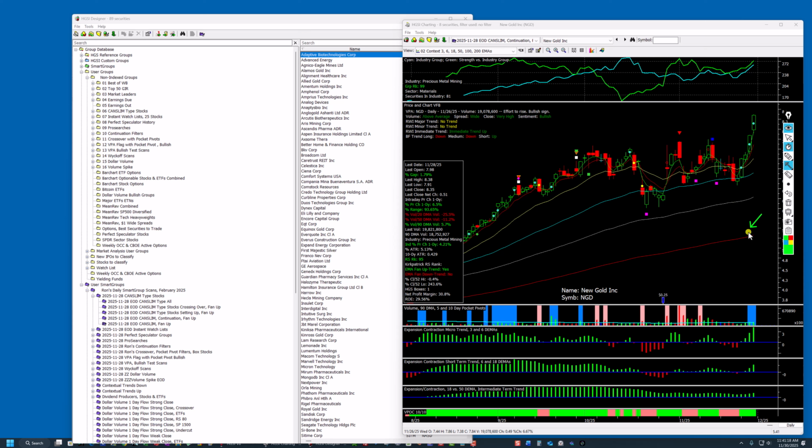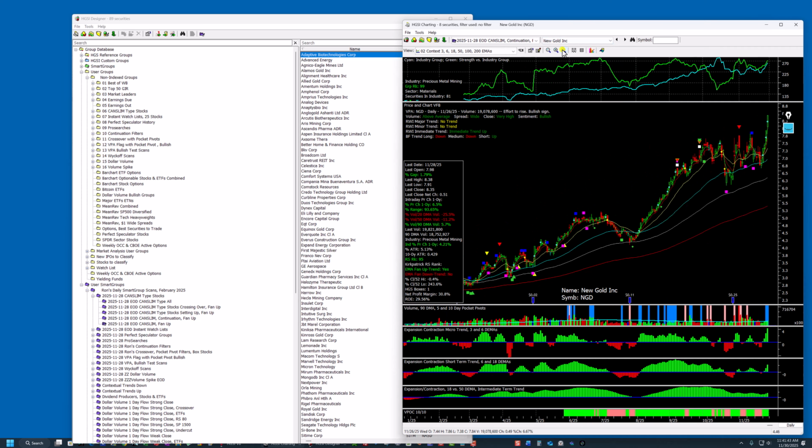Okay, I got it right this time. That's the 200. Here's the 100. This is the 50, and this is the 18. You can see them a little bit better over here. So if those are stacked properly, I consider that having the fan up. It just shows long-term institutional interest in a stock.